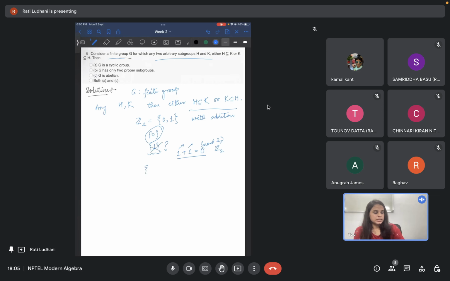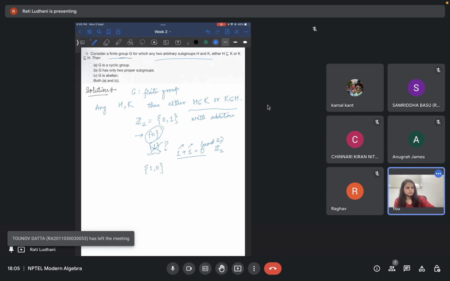So what exactly can we take as a subgroup? If we have 1, then we have to have 0, because 1 plus 1 is 0. So basically you just have two subgroups, {0} and {0, 1}, which is the whole group. Since there are just two subgroups, these are trivial.